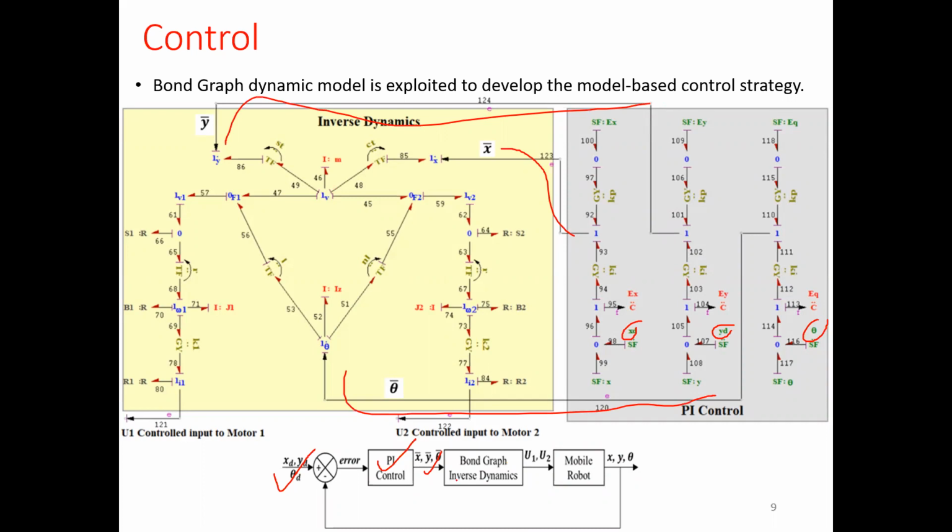Once they are calculated, from the bond graph model the energy flows along the arrows of the bonds, and finally we get the outputs U1 and U2, the voltages required to control the robot. So these U1 and U2 go to our main model.